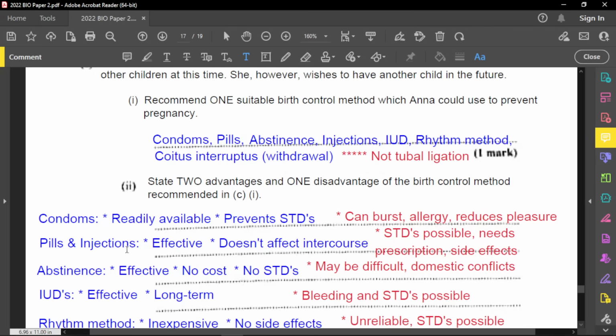Now, for pills and injections, they're effective, very effective indeed, and it does not affect intercourse, which is a good thing as well. But STDs are possible. All right. And another disadvantage is that a prescription is needed, and you may have possible side effects as well. For abstinence, very effective, no cost, no STDs, totally safe, 100% effective, but may be difficult to maintain because of temptations.